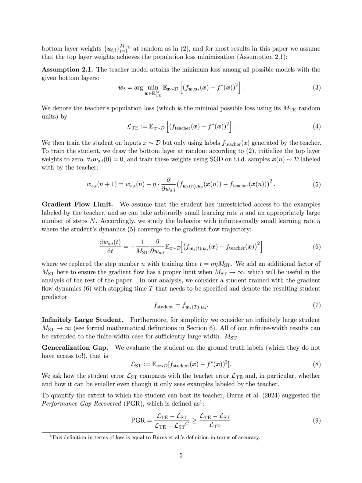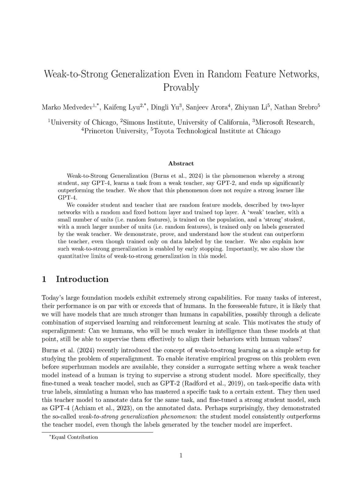The method is validated through a series of experiments that involve training 2-layer networks with random features, specifically using ReLU and linear activation functions. The experimental design includes a weak teacher model, which is fine-tuned on task-specific data with true labels, and a strong student model that is trained on labels generated by the teacher.